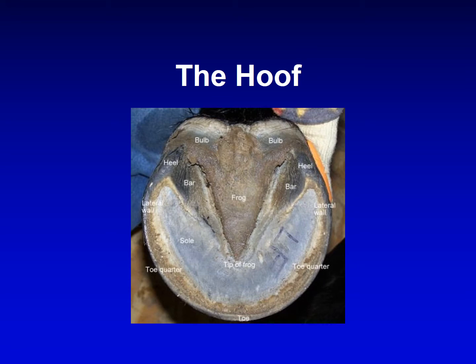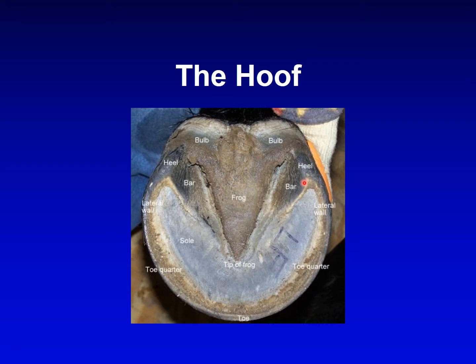This is the hoof as we look at it from the ventral aspect. Now here, looking at the solar surface of the hoof, we will see that we have the frog, which has the apex and also has the bulbs.